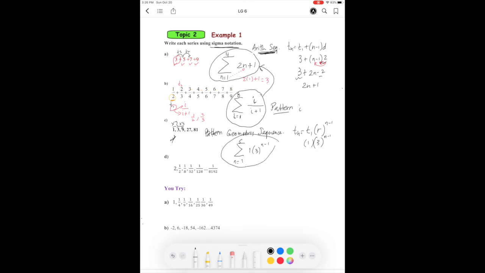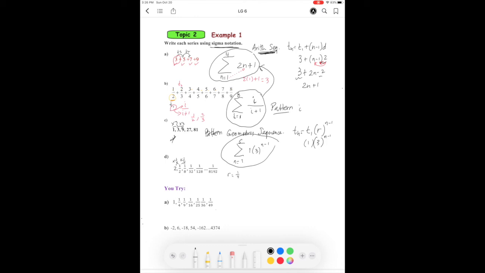Now the bottom one, to me, it's going up by a ratio as well, because if you look at here, you look to there, that's 1/4 of that, that's 1/4 of that. I'm timesing by 1/4 each time. See, it's times 1/4, and kept on going.